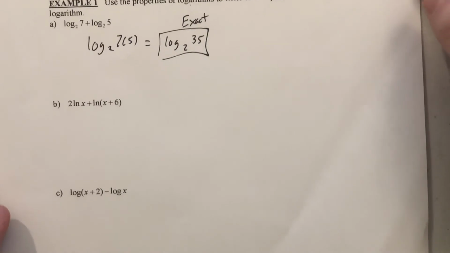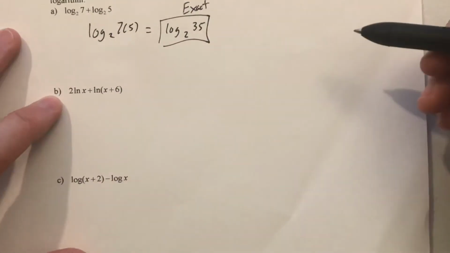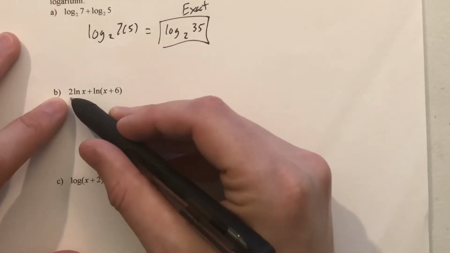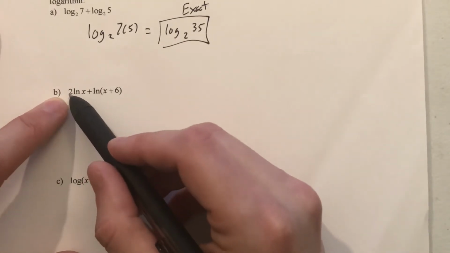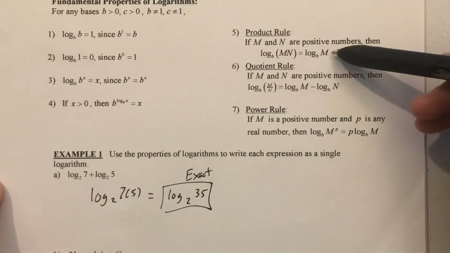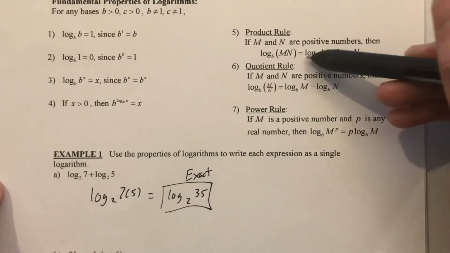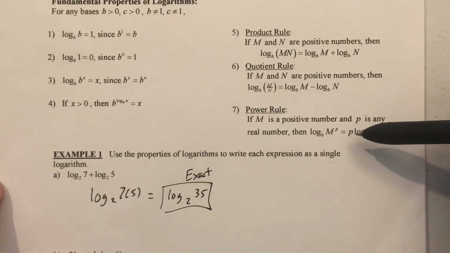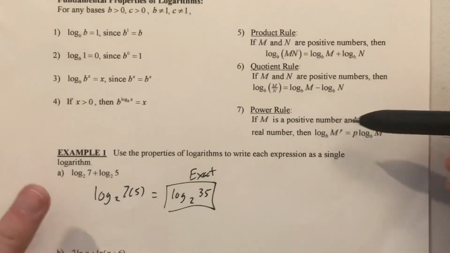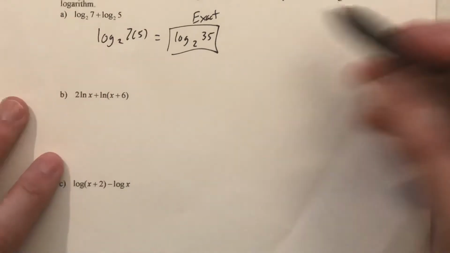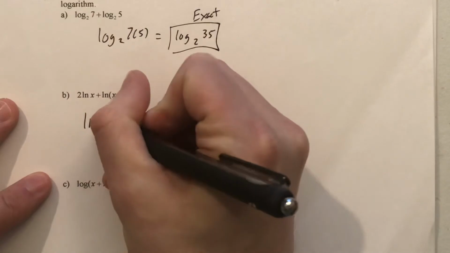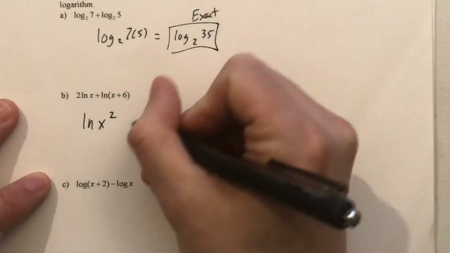But for the next one, we have 2 ln of x plus ln of x plus 6. Notice this 2 out front, right? We're going to need to take care of that first before jumping into the plus, because our product rule only works if it's separate logs, and there's nothing allowed to be out front of either of them. So here's where we can use this rule in this direction from right to left to get that 2 from outside the logarithm into it as a power, as ln of x squared.